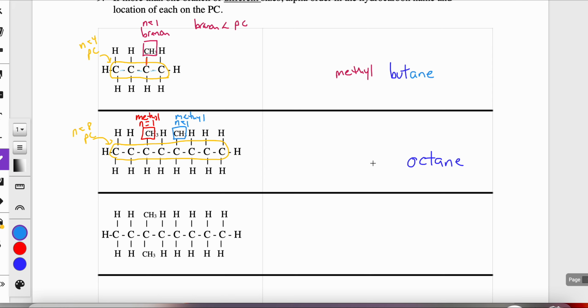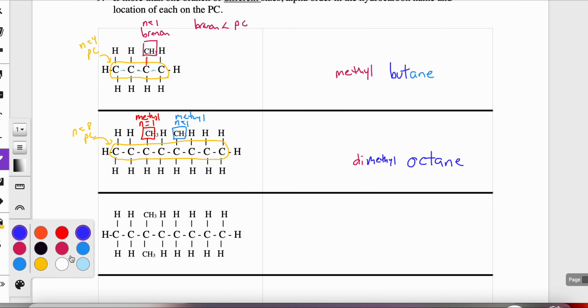So I could put out methyl methyl, but we have learned before that when we have two things of the same type, we can shorten the name: instead of saying methyl methyl, we can say dimethyl octane. But what we need to do is figure out where they are in the structure.